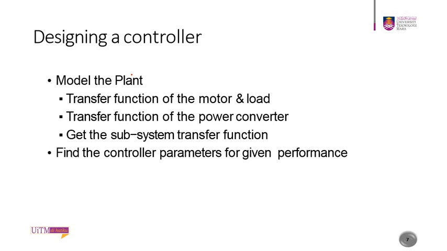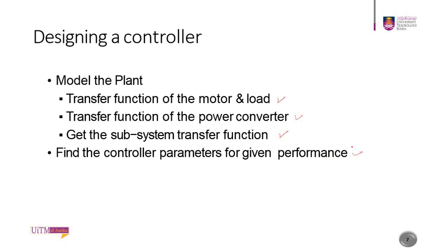To design the controller, we need to know the transfer function of the motor and load, and the transfer function of the power converter, to get the subsystem transfer function. We will compress the subsystem transfer functions into the main function, and find the control parameters for the given performance.